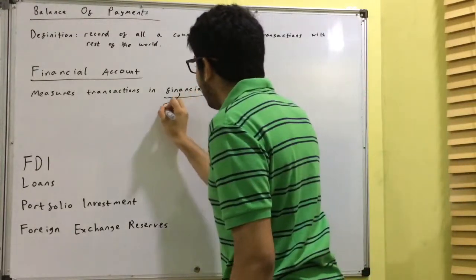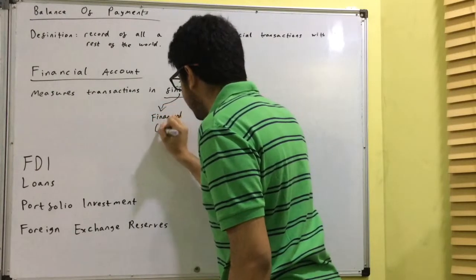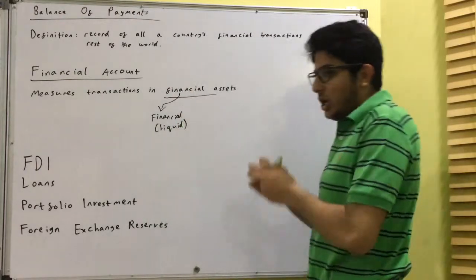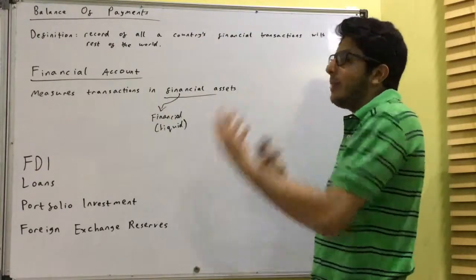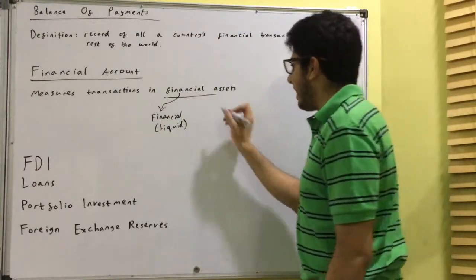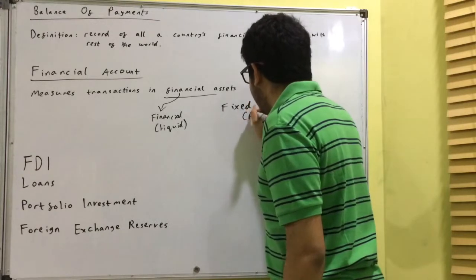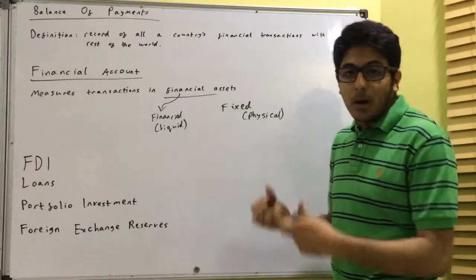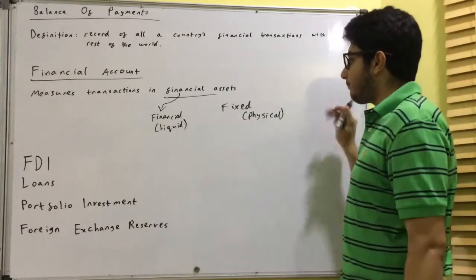Well, financial assets are basically liquid assets, and include stuff like cash, stocks, bonds, bank deposits. Whereas fixed assets are physical assets, stuff like land, property, commodities.